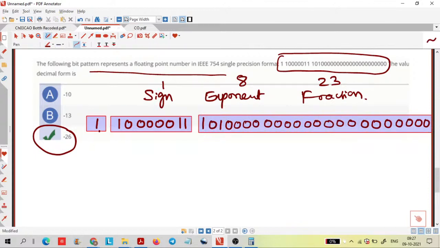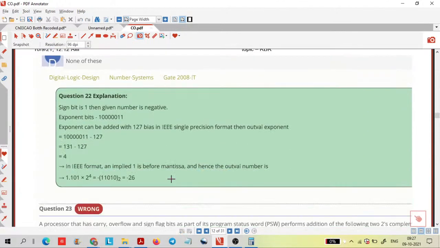This is the given input, and you need to find out the value. So here the sign is given as 1.